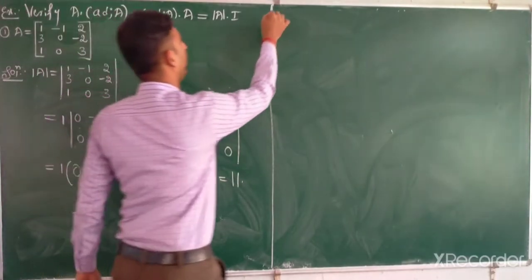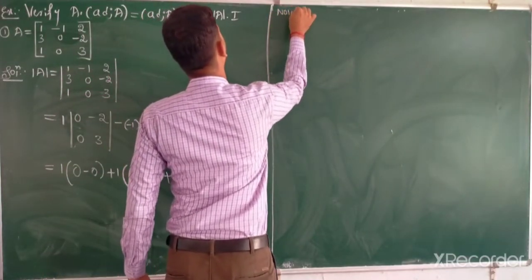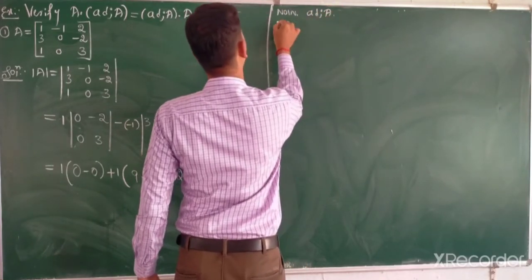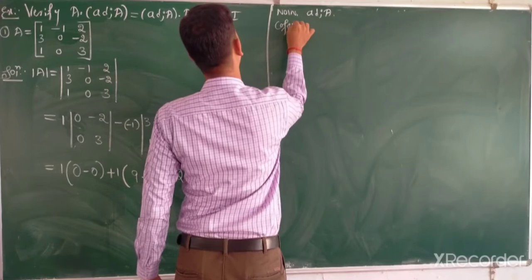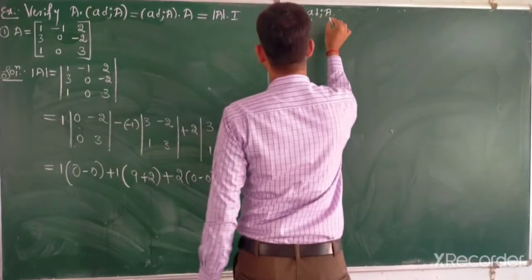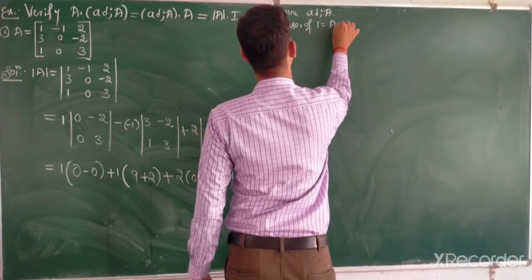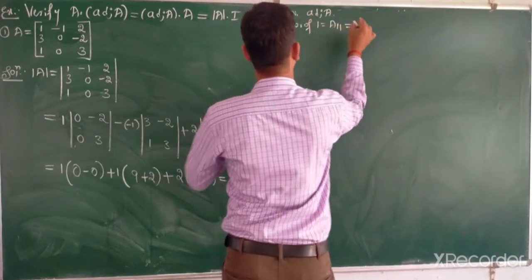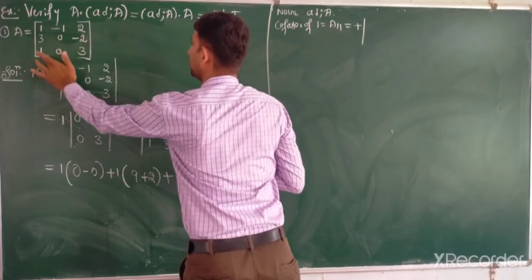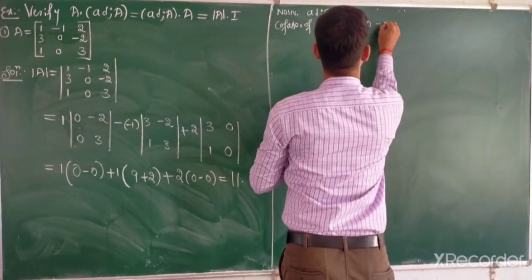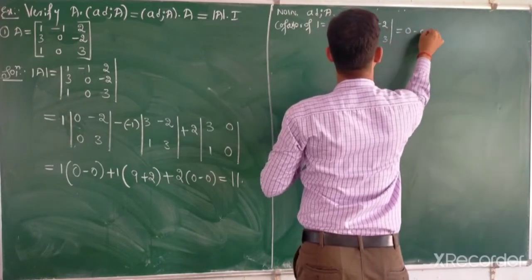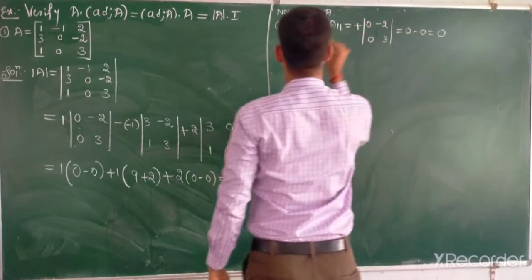Now the adjoint of capital A. Before that, our job is to find the cofactor of A. Cofactor of 1, which is A11: eliminate this row and this column, giving 0 minus 0, which is nothing but 0.